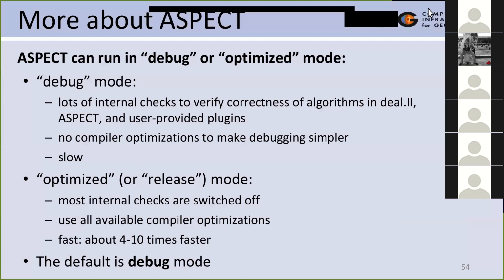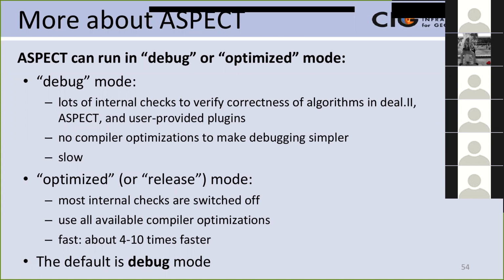Okay, so this is the last section that we want to present to you about how to get started using ASPECT. You already know how to modify a PRM file, run it, look at the output, and get information out of it, for example, regarding statistics.